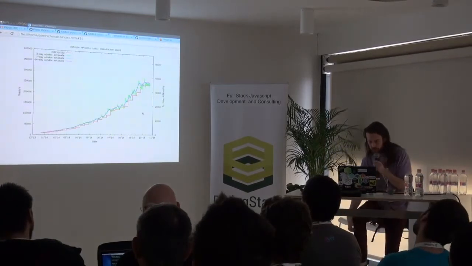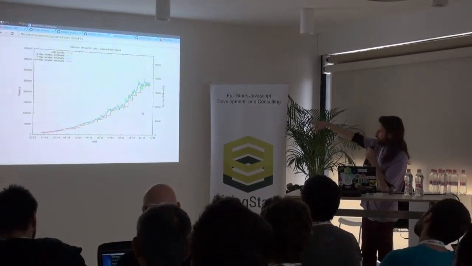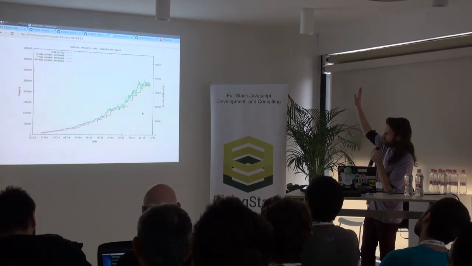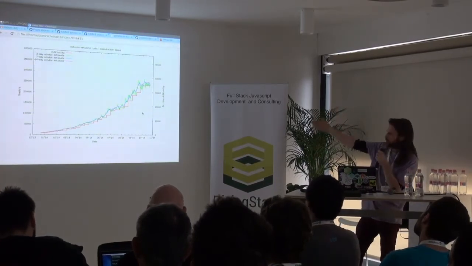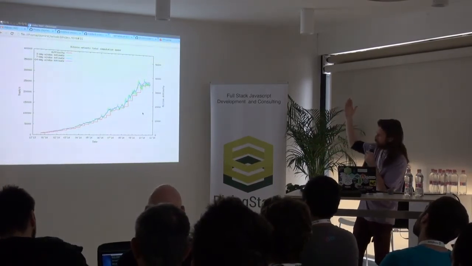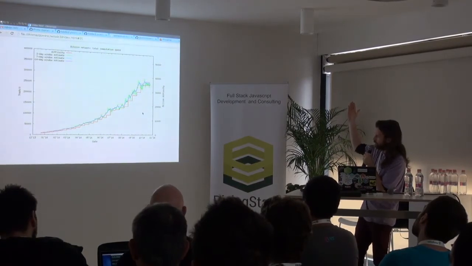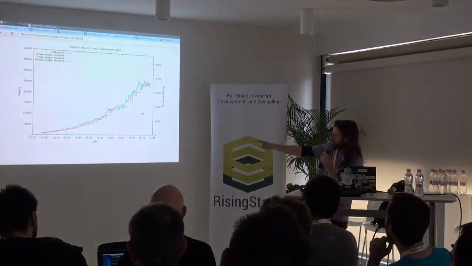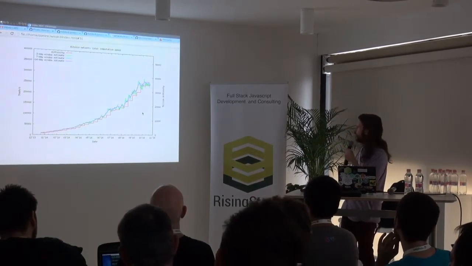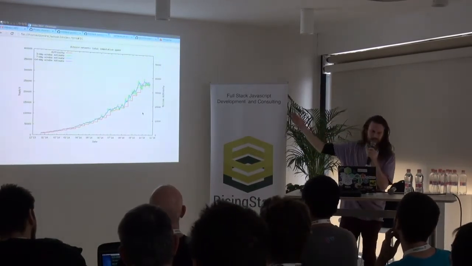But Bitcoin has some problems. This is a graph of the amount of compute, more or less, that goes into calculating Bitcoin. And you see it's gone from not that much to a huge amount. This is really expensive.